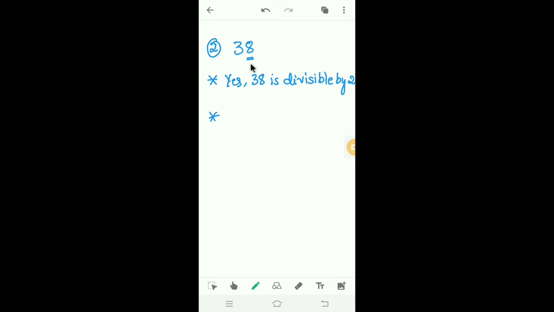A number is divisible by 3 if the sum of its digits is divisible by 3. So we have to add both the numbers. 3 plus 8 is equal to 11. Is 11 divisible by 3? No. 11 is not divisible by 3.